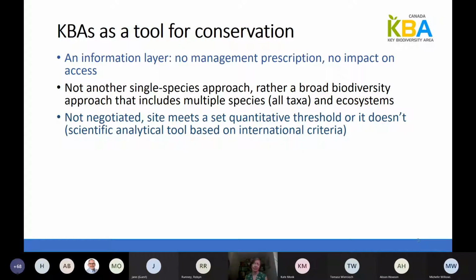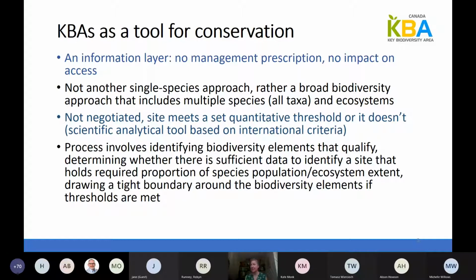As long as the evidence is there, and there's a lot of work that has to go into that, a lot of evidence presented, all forms of knowledge can go into providing that evidence. So it's a scientific analytical tool and not a process that can be discussed, although there's lots of room for collaboration and input to be given on this.